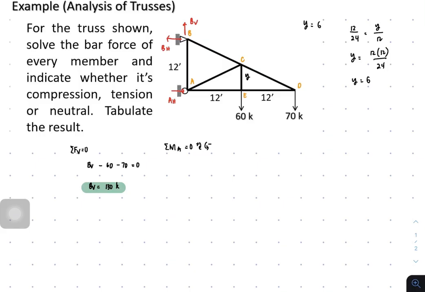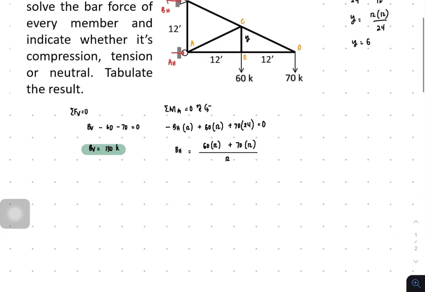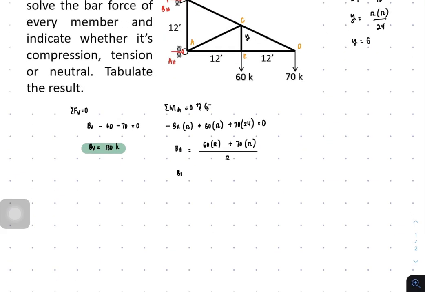So BH here, it's negative BH times 12, and then plus 60 times 12, and plus 70 times 24 equal to 0. Transposing this to the other side, it will become positive. So it's now BH equal to 60 times 12 plus 70 times 12 divided by 12. So what is the value of our BH?